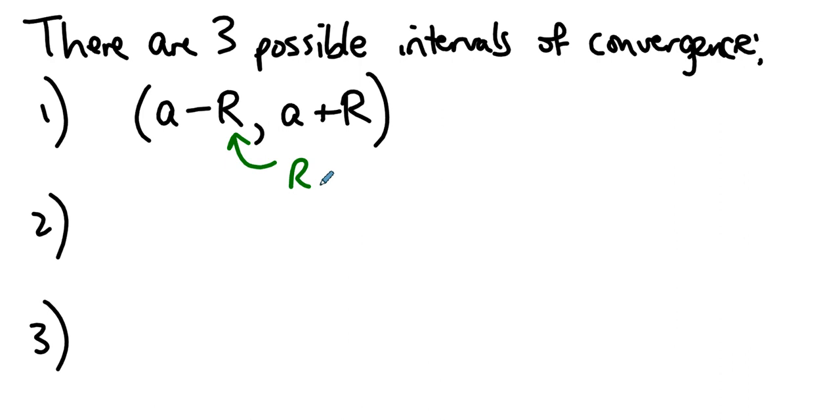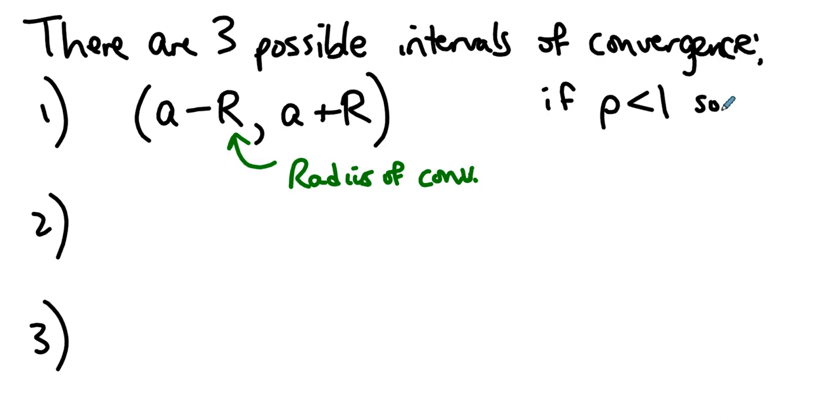The R is called the radius of convergence for reasons that are fairly straightforward. This happens if rho is less than 1 sometimes. And if rho is less than 1 sometimes, you get an interval like this, like in our case, -1 to 1. And in this case, we have to check the endpoints to see if there is convergence at the endpoints.